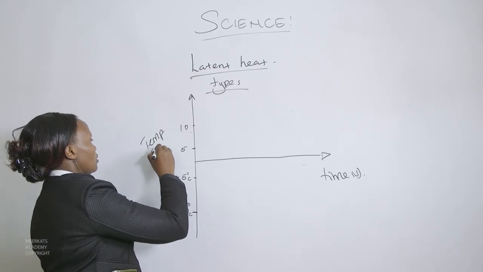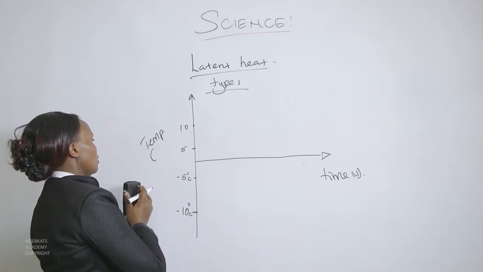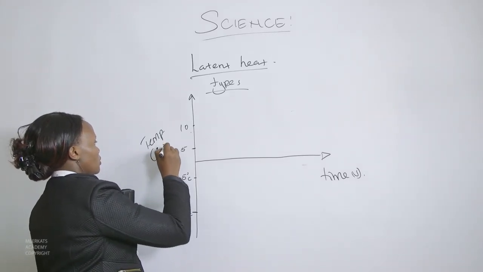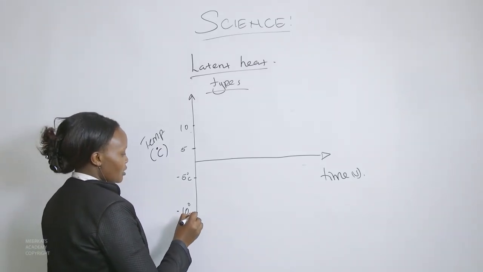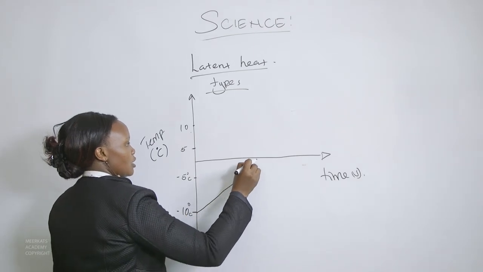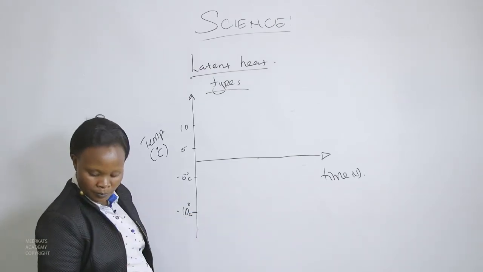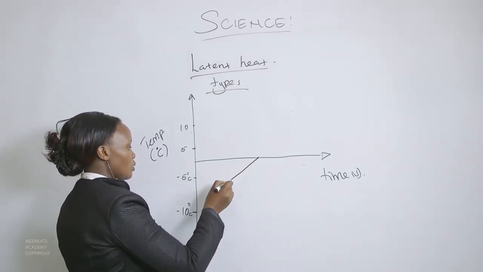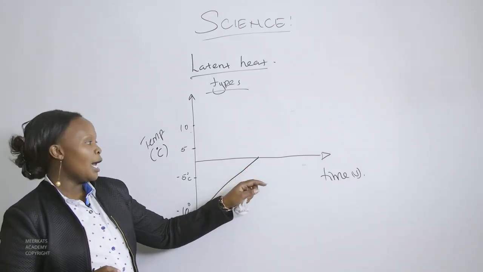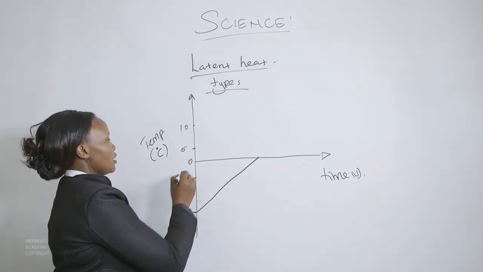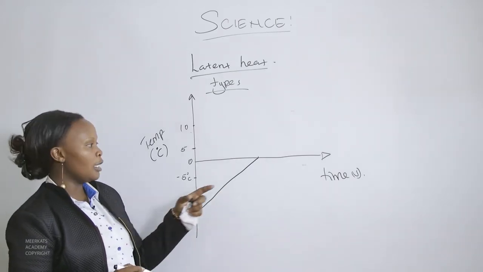Now, you realize that we are going to have a rise in temperature. With time, temperature is going to rise up to a given point. At 0 degrees centigrade, that is where we achieve the change of state from solid to liquid.